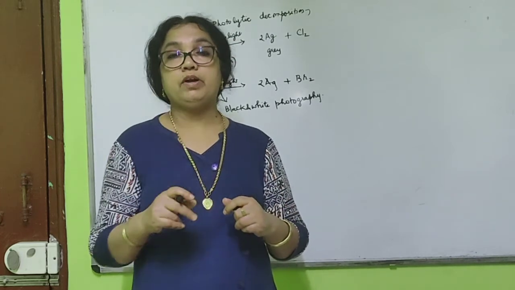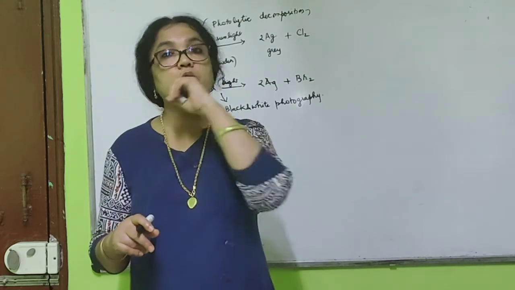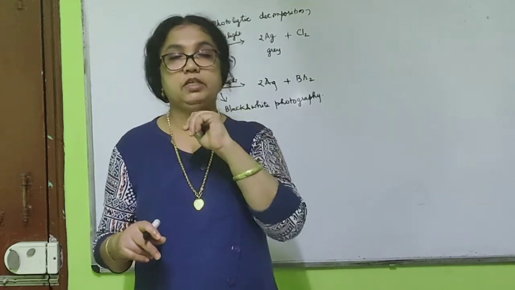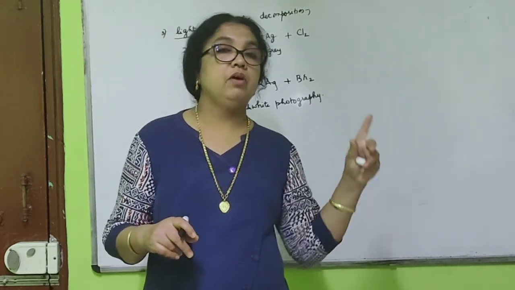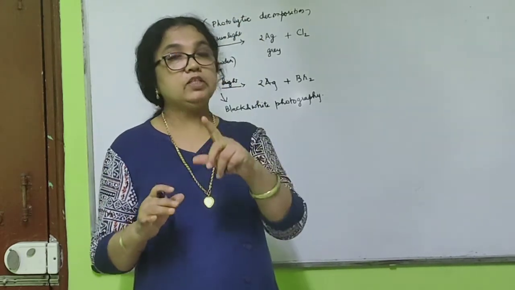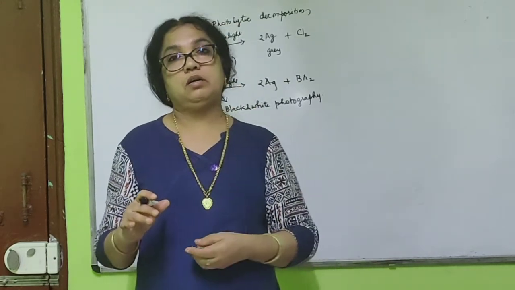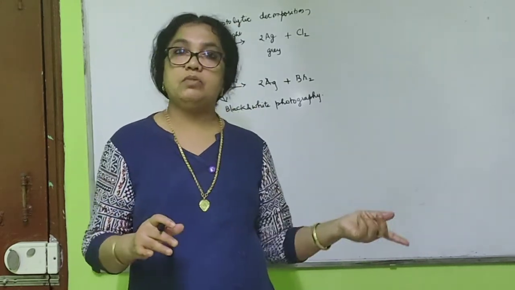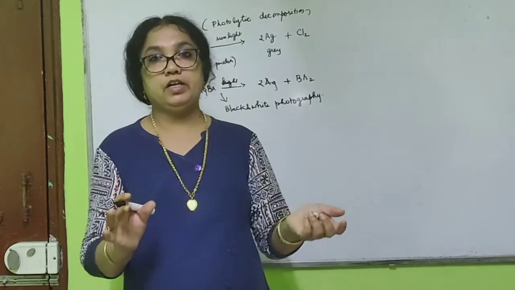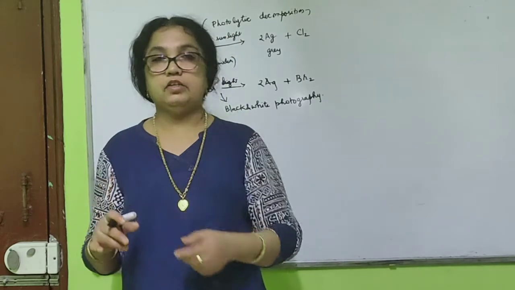One molecule of oxygen reacts with two molecules of hydrogen to produce two molecules of water. So double the hydrogen combines to produce water. That is why during decomposition we get double the volume of hydrogen than oxygen.